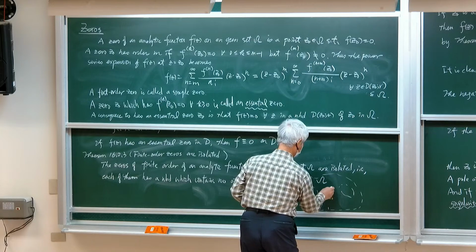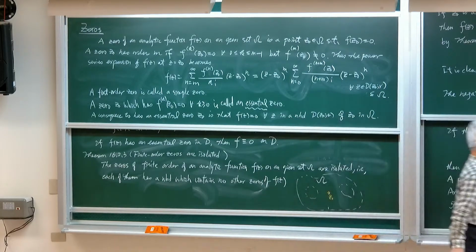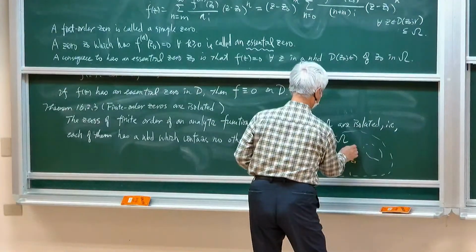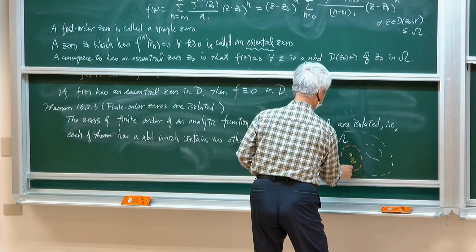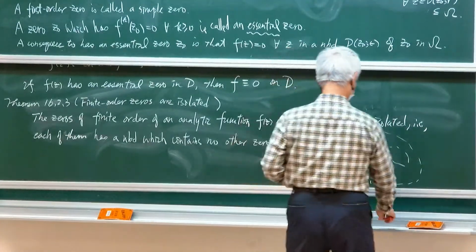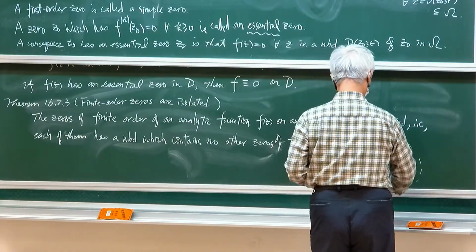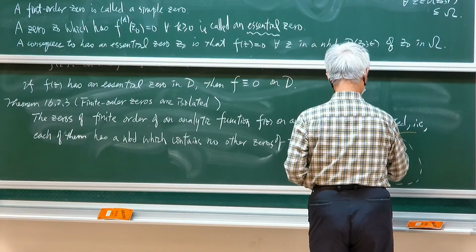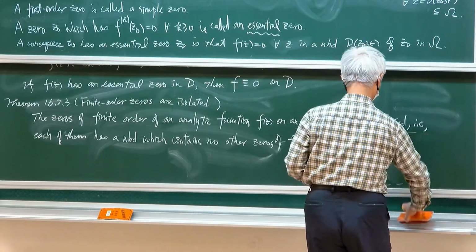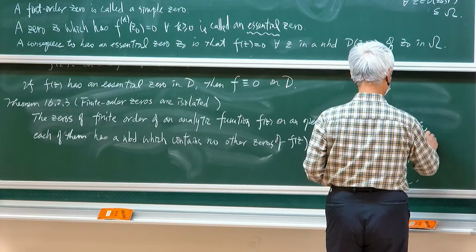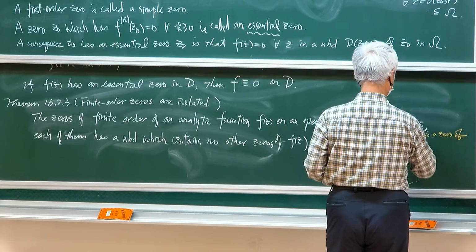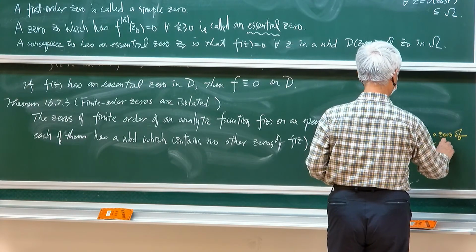Then we will have a neighborhood. So here, f of z has a zero of order m.